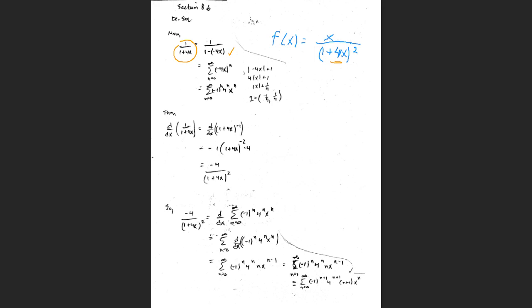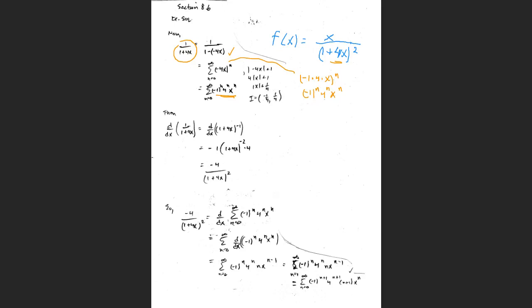Now I'll mention this: negative 4x to the nth power is negative 1 times 4 times x to the nth power. So that equals negative 1 to the nth power times 4 to the nth power times x to the nth power. And that's how we get what you see here.